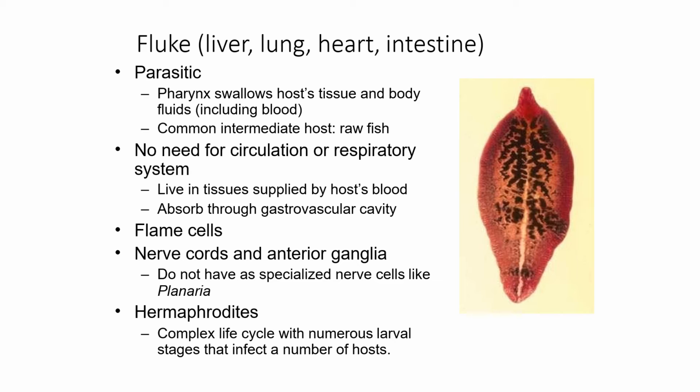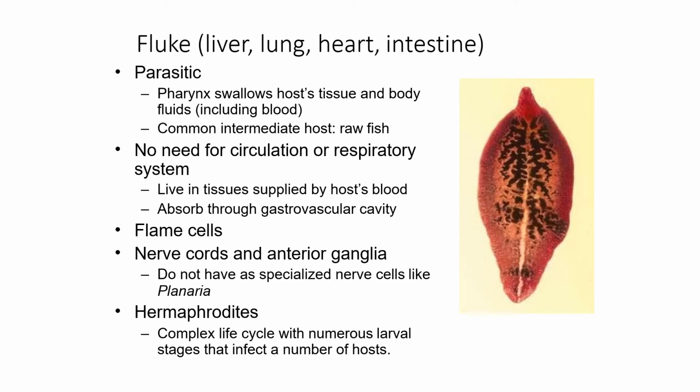Raw fish is a common intermediate host. There is no need for a circulatory or respiratory system. These animals do not have a good circulatory and respiratory system. They live in tissues supplied by the host's blood and absorb through the gastrovascular cavity.